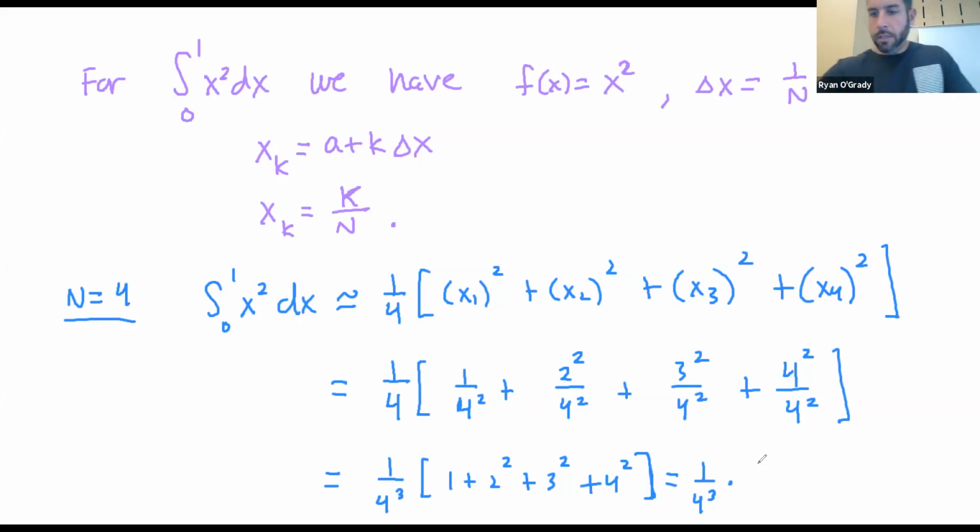It turns out that it's n times n plus 1 times 2n plus 1. So this is 4 times 4 plus 1 times 2 times 4 plus 1 all over 6.